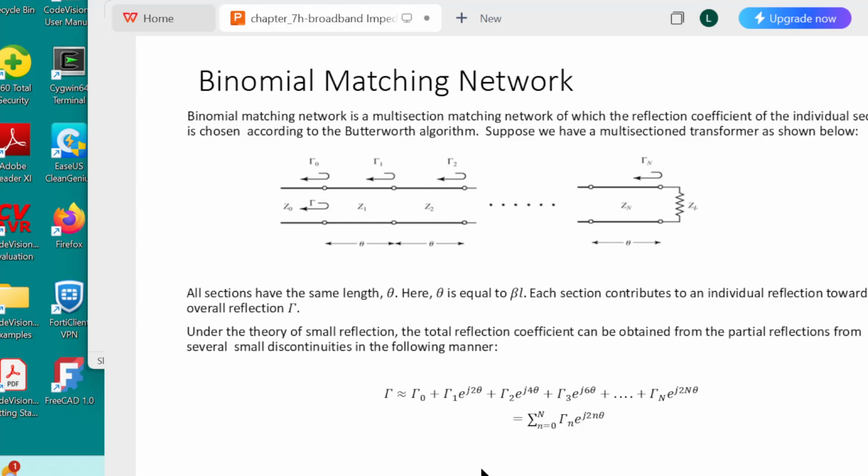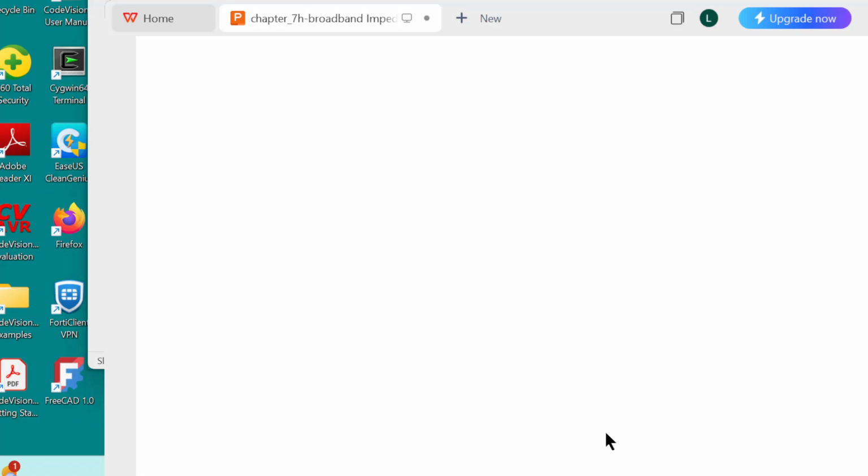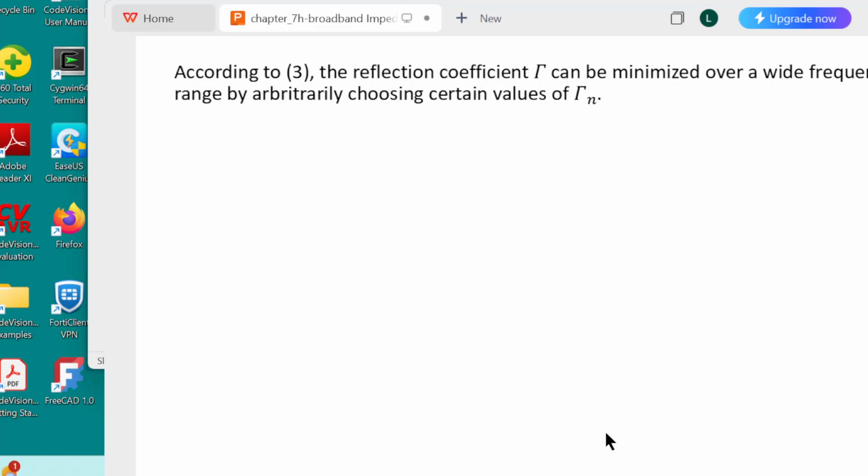quarter wave transformers. And this multi-section quarter wave transformer doesn't have to be Butterworth. It doesn't have to be a binomial one. Okay, now I'm going to turn your attention to the binomial matching transformer only. According to equation 3, you can change the individual reflection coefficients between the quarter wave sections in a way that minimizes the total reflection coefficient.